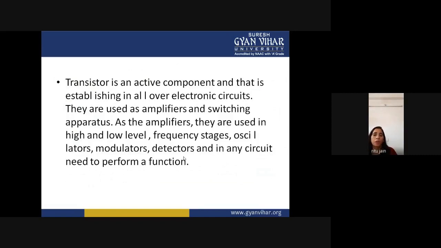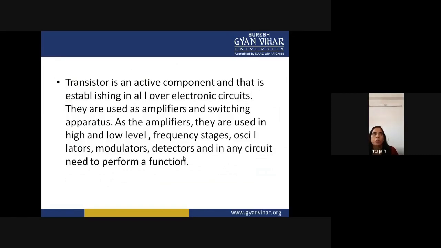Next, there are two types of transistor: the NPN transistor and the PNP transistor. We have already seen the different symbols of transistors. What are the basic applications of a transistor? It is used in switching and amplification.